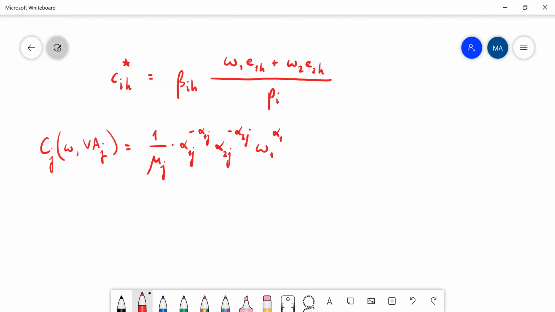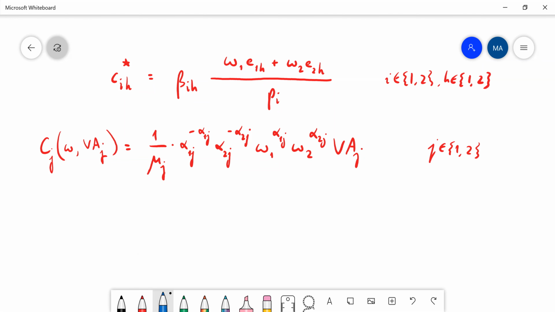Omega 1, alpha 1j, omega 2, alpha 2j, VAJ. Okay. So this is true for both J's, and this is true for both goods and both consumers. So here there is a trick for simplicity and without loss of generality, we equate this to 1.